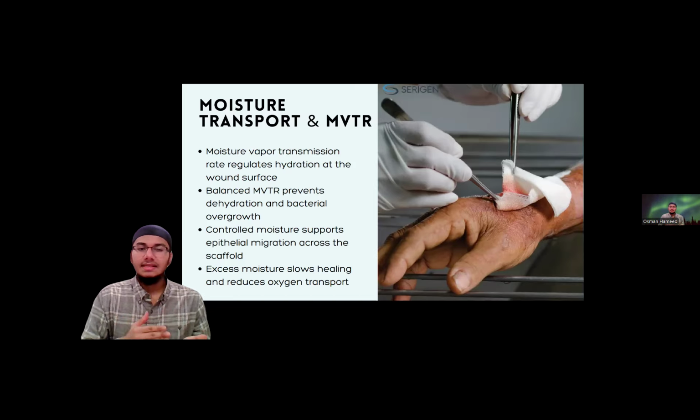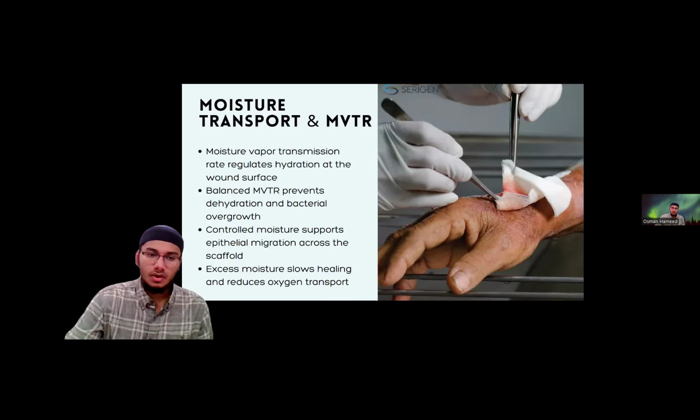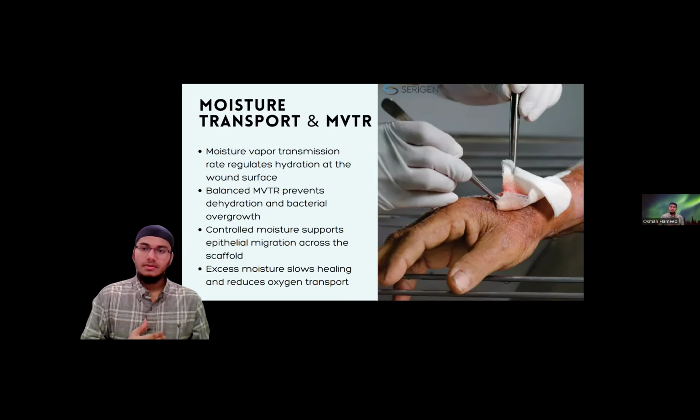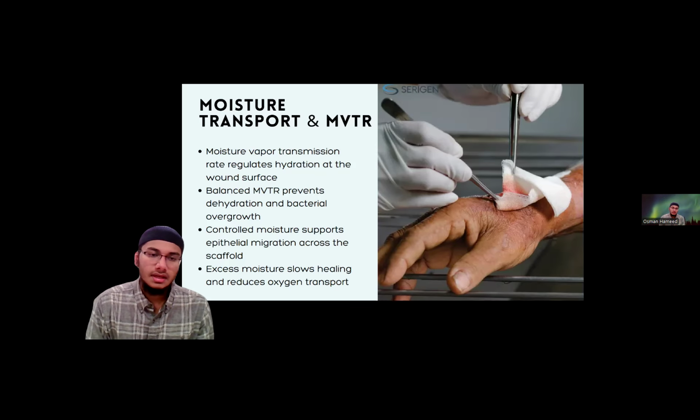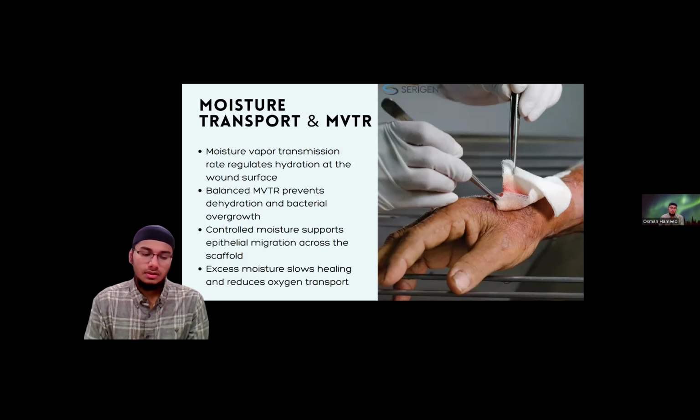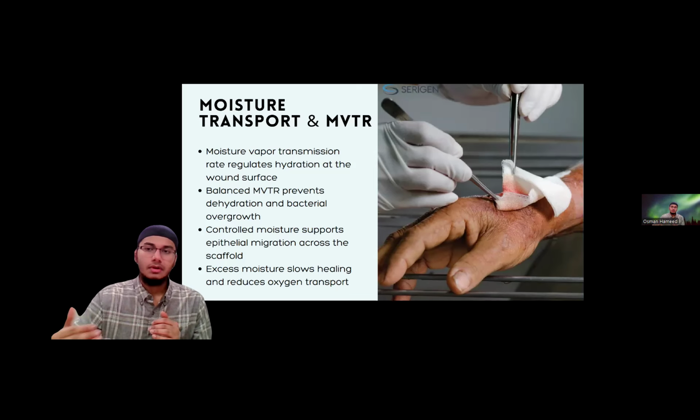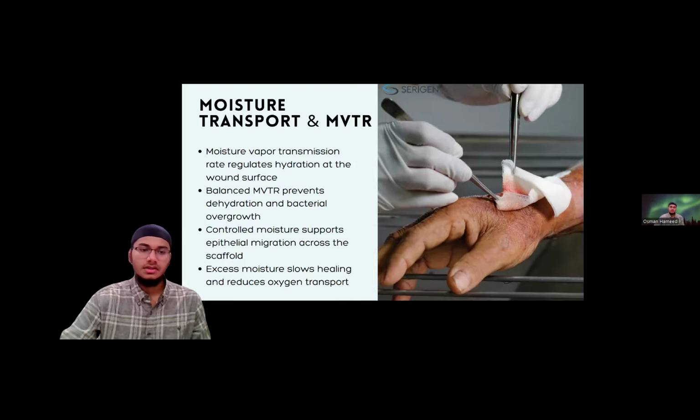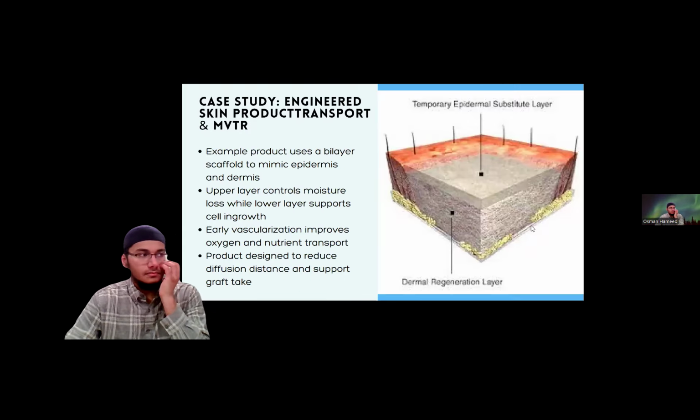So you need to see what the trade-off is. There's also, of course, the increased infection rate as well. As I mentioned before, overhydrated environments can cause more bacterial growth. So having that MVTR control, having that balance is extremely important to make sure that the scaffold actually heals properly and it can actually be of use to the patient.